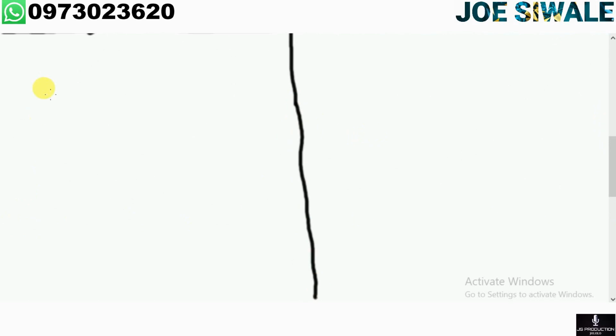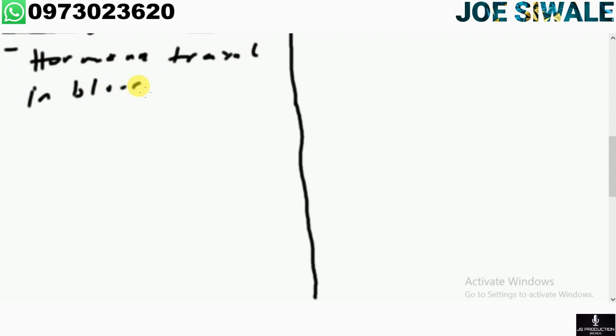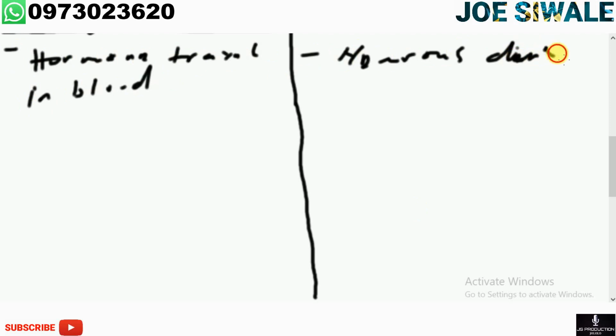So here the hormones, after they have been produced, travel in blood. Then the neurons deliver electrical impulses.